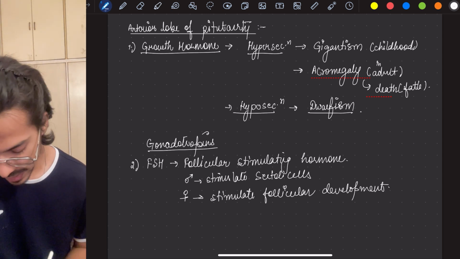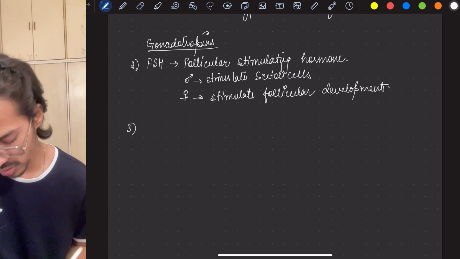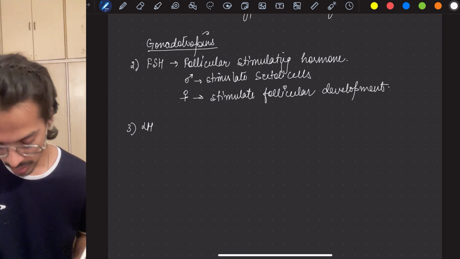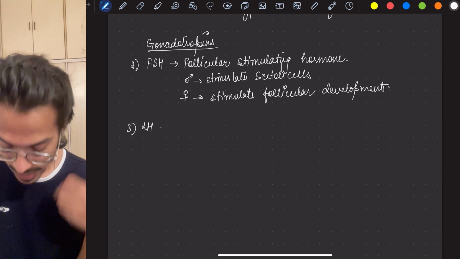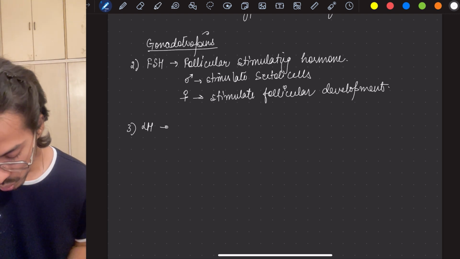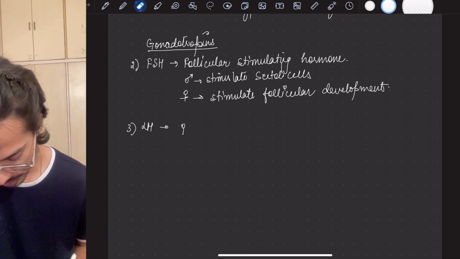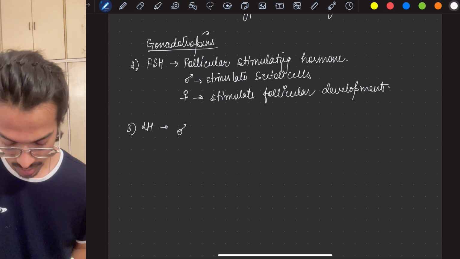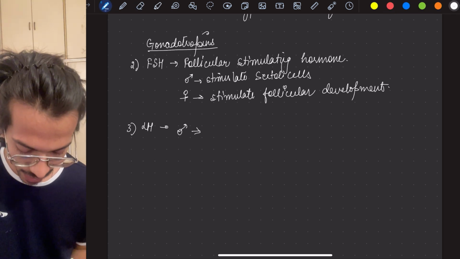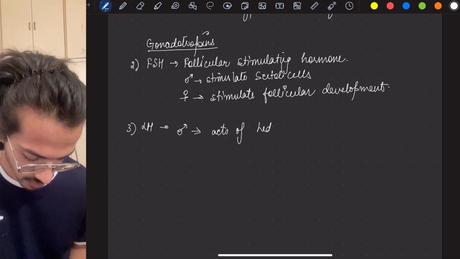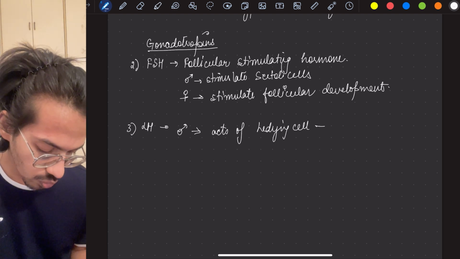Moving on, the next gonadotropin is LH. It is called luteinizing hormone. What does the luteinizing hormone do? In males, this luteinizing hormone acts on Leydig cells and secretes what?